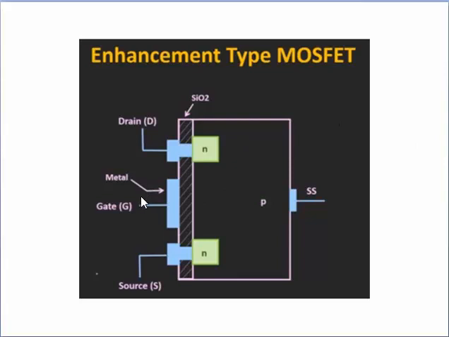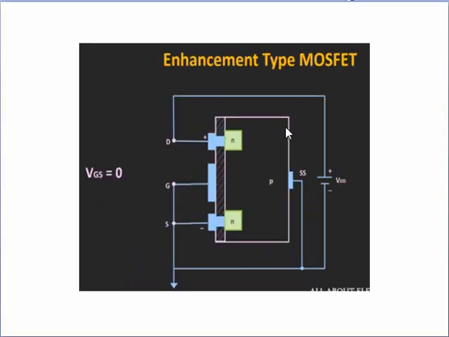Whenever we apply the control voltage between gate and source, that is VGS voltage, if initially VGS is kept 0, and the voltage is applied between drain and source terminal, then due to the absence of channel, there will not be any flow of current through this MOSFET. So when VGS is 0, the MOSFET will remain in the off condition, that is cut off state.